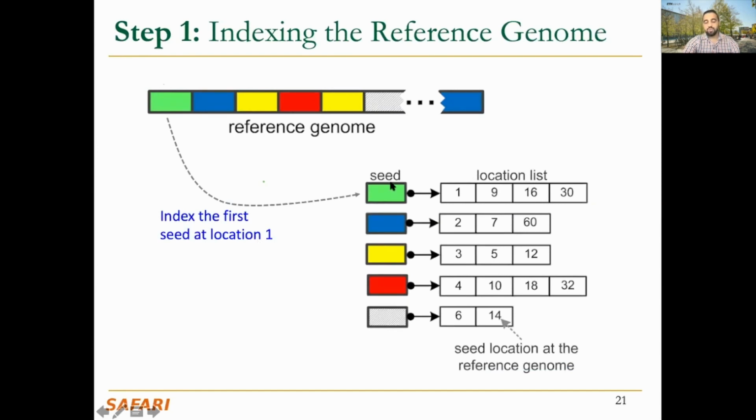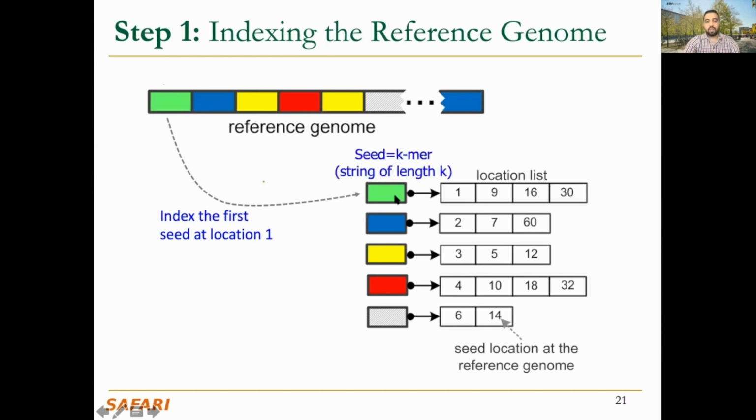In the buckets, we store the hash value. And in the second column, we store a list of locations, the starting location of each seed that exists in the reference genome. For example, 1, then 9, 16, 30, and so on. And we keep doing this for all seeds extracted from the reference genome.